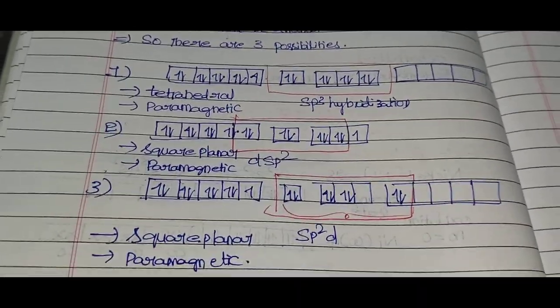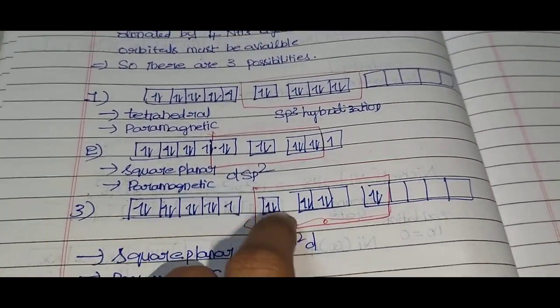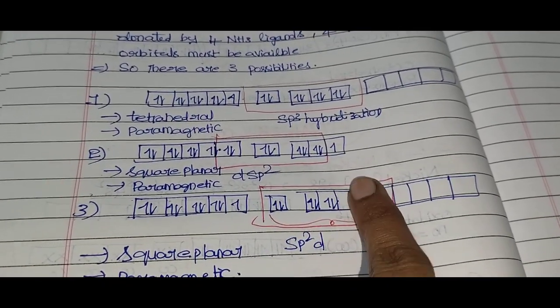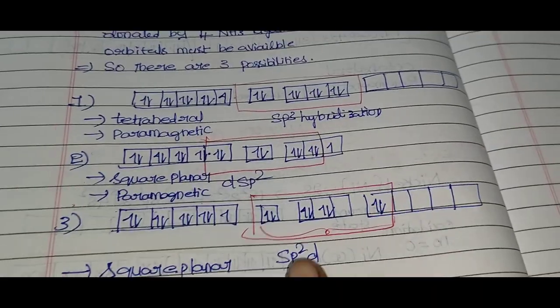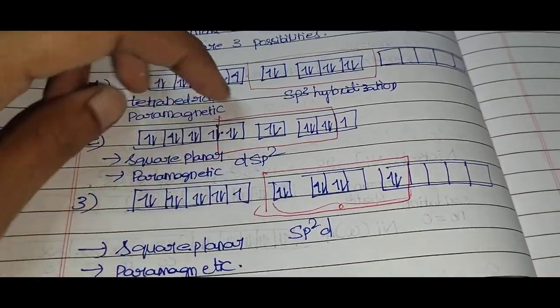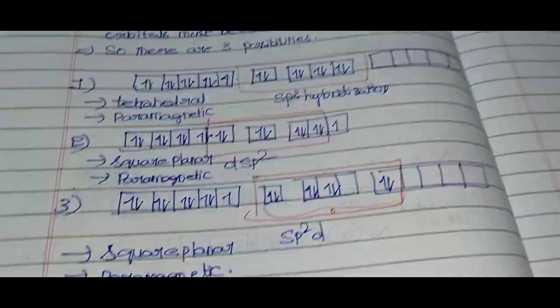Then third possibility, see again the same 3d9 4s0, so it will be taking sp, but it will remain vacant, and 1 d orbital it will take from here. So sp2d it will take, it is dsp2 using this, but it is using outer, so sp2d.